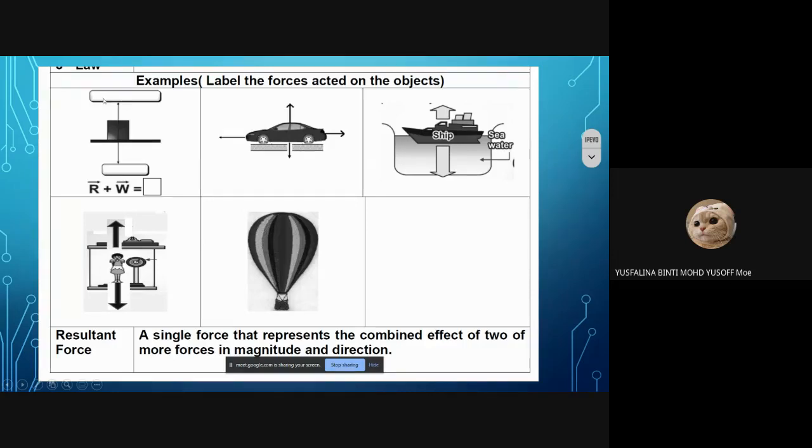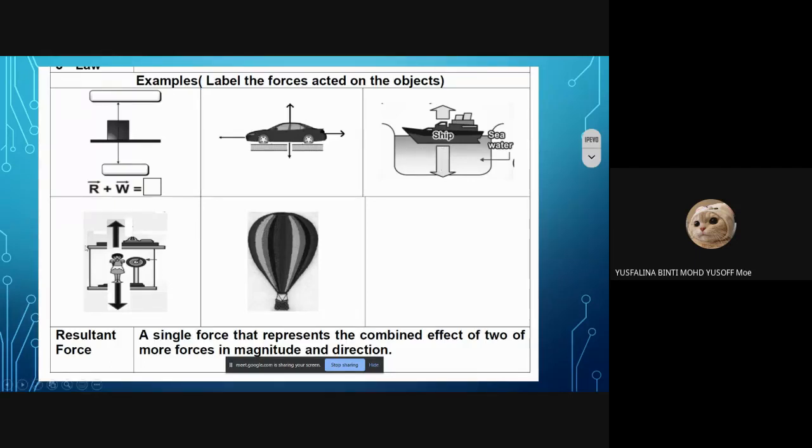The upward force is called the normal force and the downward force is called the weight. For the car, there must also be a normal force and the weight, and then the forward thrust and the frictional force or air friction. For the ship on the sea water, the upward force is called the buoyant force, or upthrust, and the downward force is called the weight.